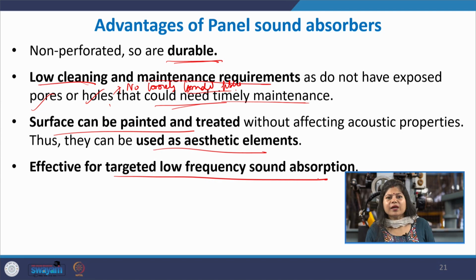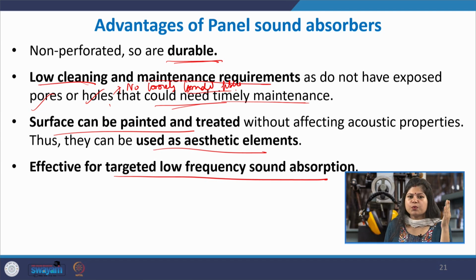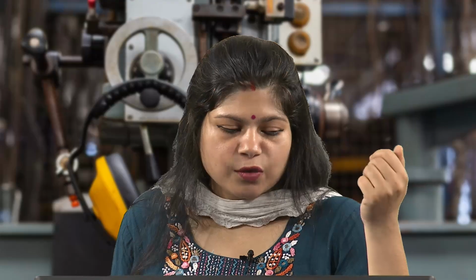So, basically whatever limitations you had with the porous fibrous absorber, the limitation was that low frequency absorption is quite poor. At the low frequency they are not able to absorb properly. You cannot do surface treatments on them because then the pores can get blocked up and the absorption can go down.